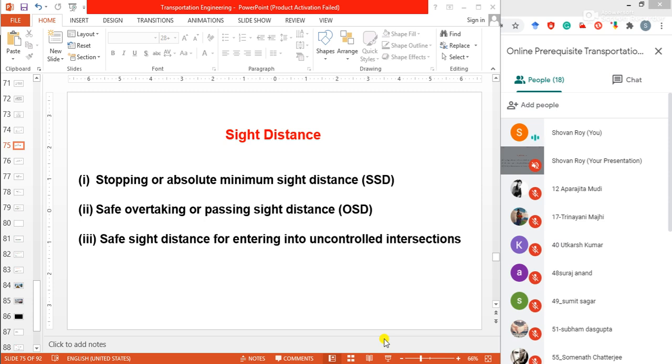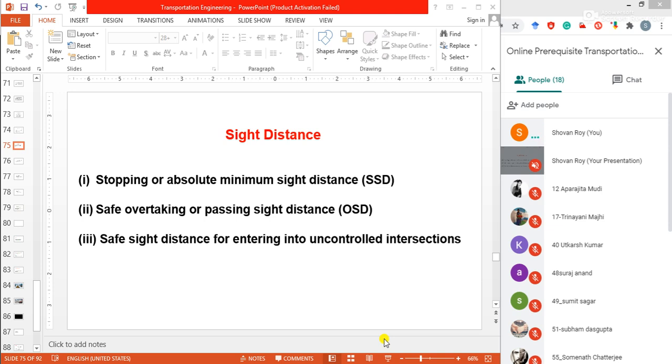Again, I am repeating, the safe and efficient operation of vehicles on roads depends, among other factors, on the road length at which an obstruction, if any, becomes visible to the driver in the direction of travel. In other words, visibility to see ahead is very important for safe vehicle operation on a highway.